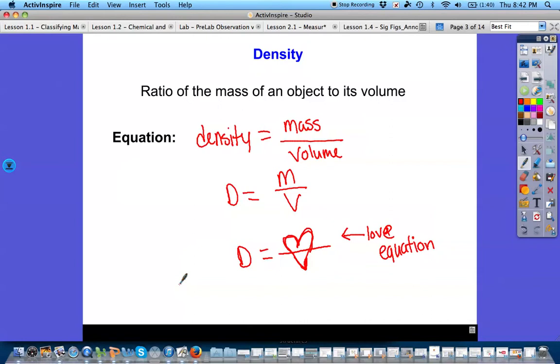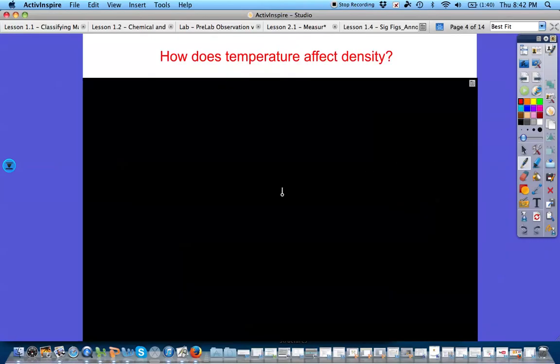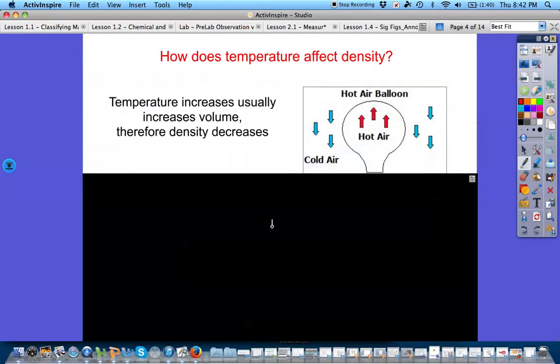So I want you to think about, how does temperature affect density? Well, most of the time, as temperature increases, the volume also increases. So temperature increases, volume increases, which is going to cause density to decrease.